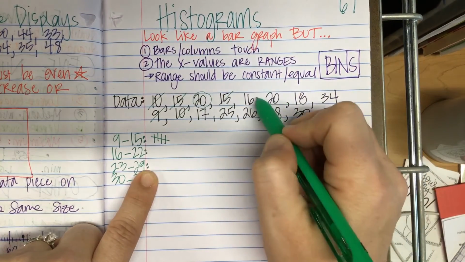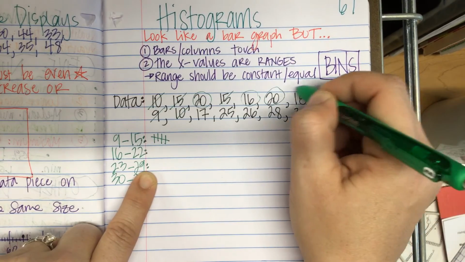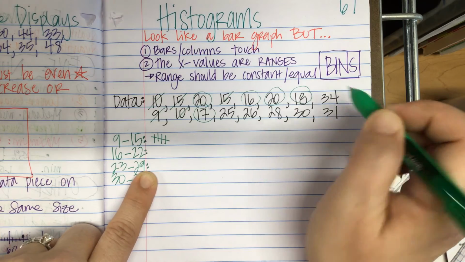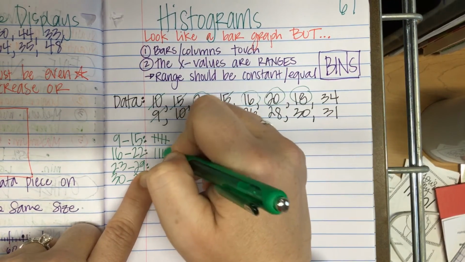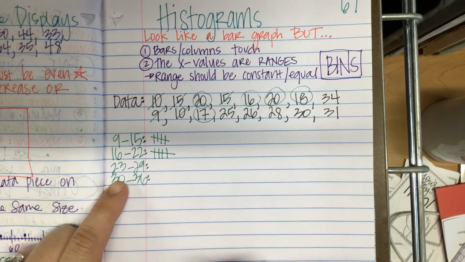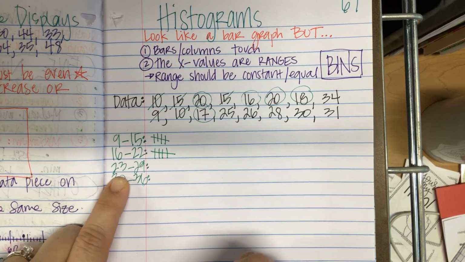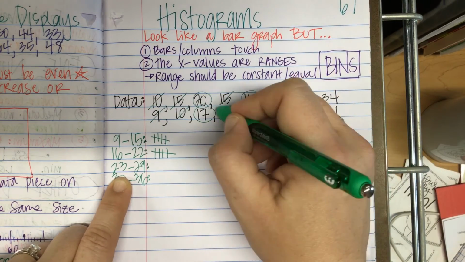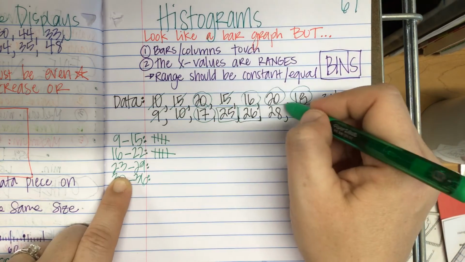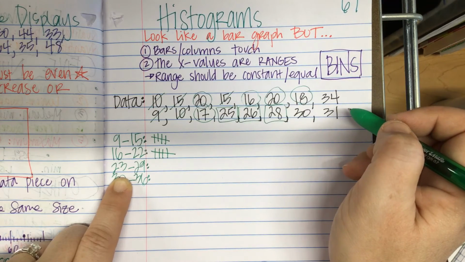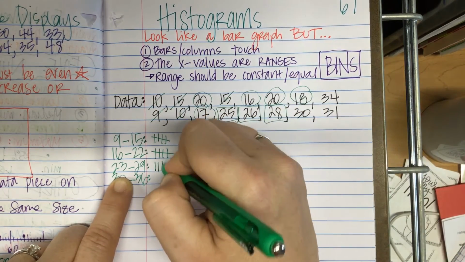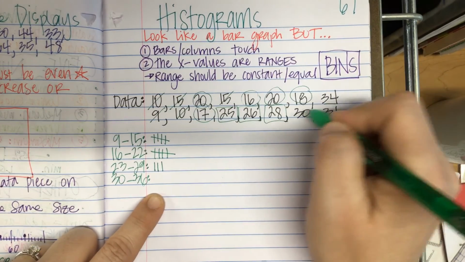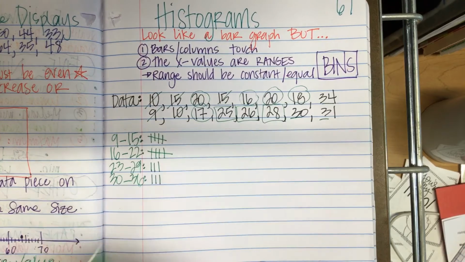So 1, 2, 3, 4, 5. 5? 23 and 29: 1, 2, 3, 3. Oh, yeah. And then 30 and 36: 3.